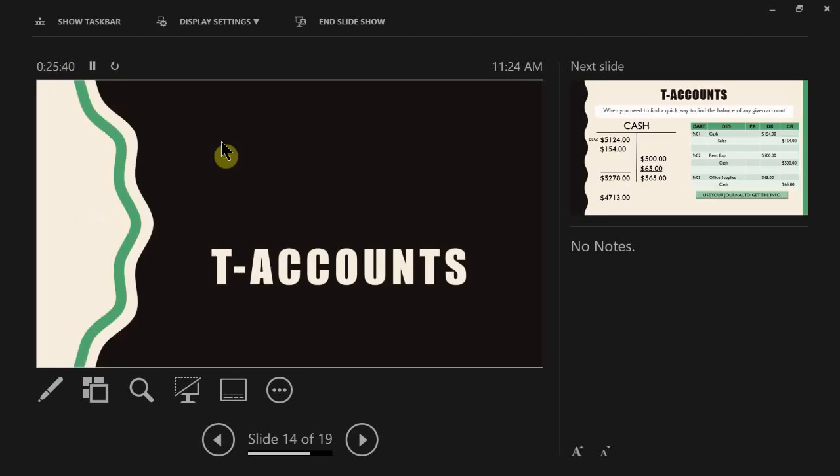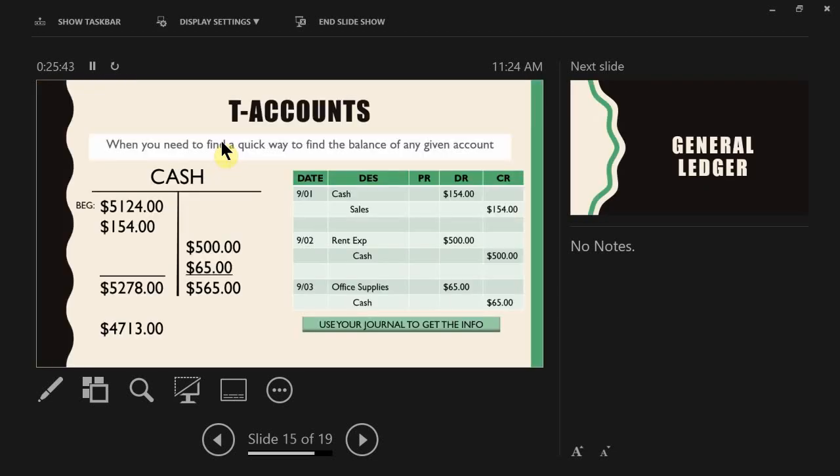And then T accounts. Now, oftentimes when you are trying to make quick calculations, on the side of your journal, you're more than welcome to just do a real quick tally of how much money you have in your account. The purpose of a T account is when you need a quick way to find a sum or a total or a balance in any given account, right?